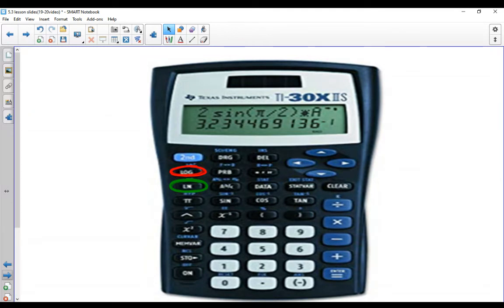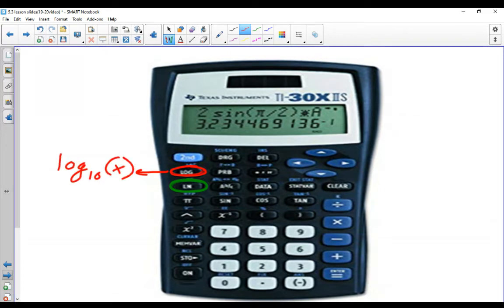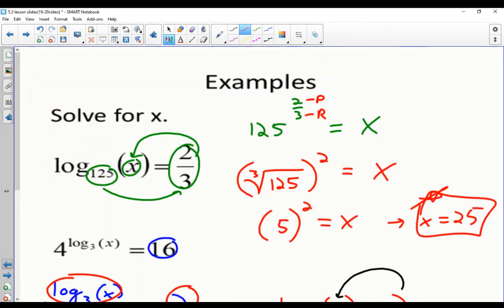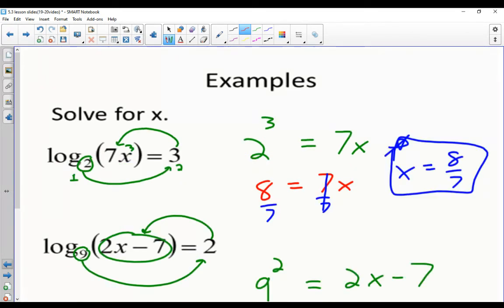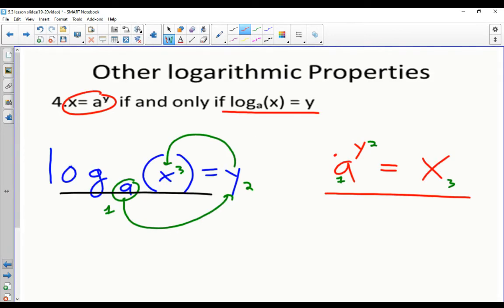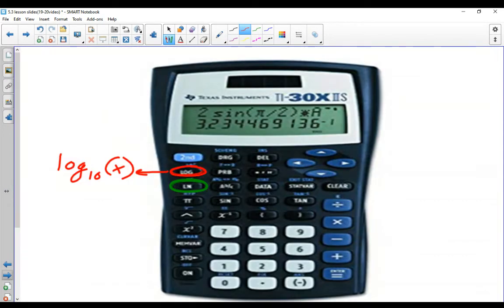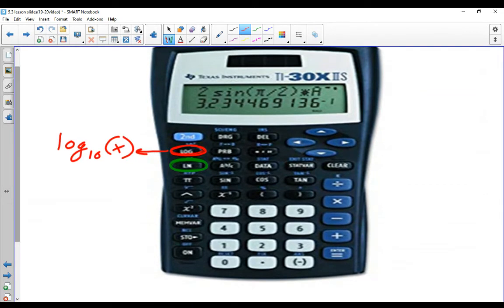This particular log only works if you have a base of 10. All the other examples we've had have not had a base of 10. Look at all those examples. Do you see a single base 10? No. For some reason, the calculator will only give you the log of base 10.